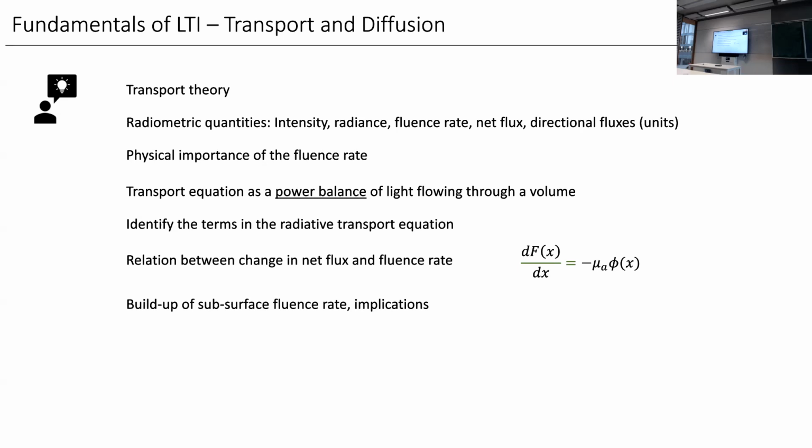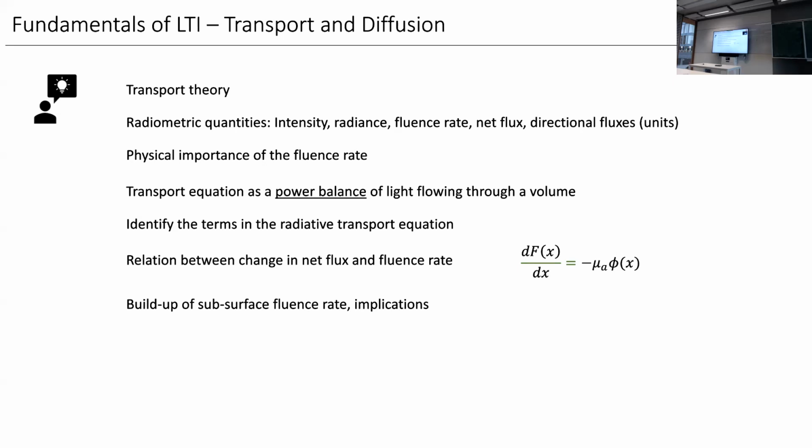It describes the optical power that flows through a small area inside a medium, regardless of direction. So it's the total flow. That is important because if you want to do a laser treatment, for example, if you want to damage tissue, you need to calculate how much power you can deliver to a certain location. The fluence rate is then quantitative. You need to calculate the total amount of power.